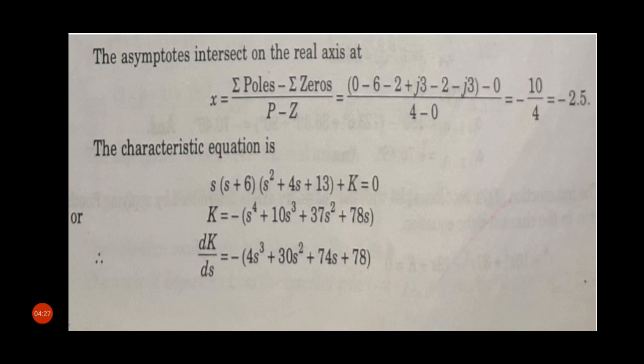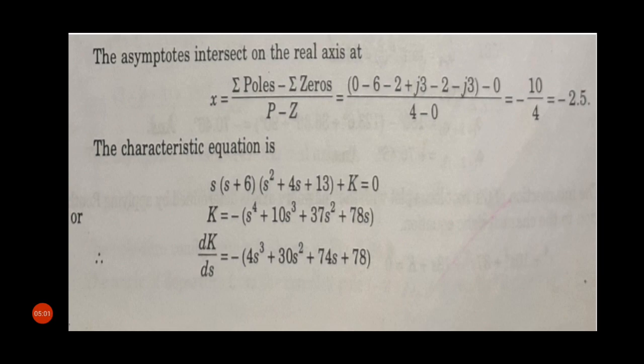That means the centroid, here I have mentioned x, is equal to sum of poles minus sum of zeros, divided by p minus z. Here we consider only the real part of poles and the real part of zeros. The sum of poles is minus 10, and in our system the zero sum is 0. In the denominator p equal to 4 and z equal to 0. So our centroid is minus 2.5.